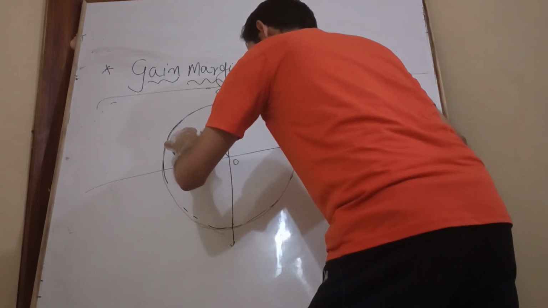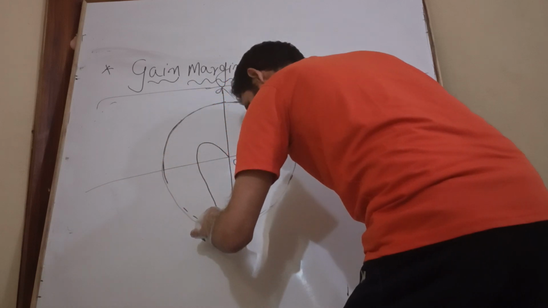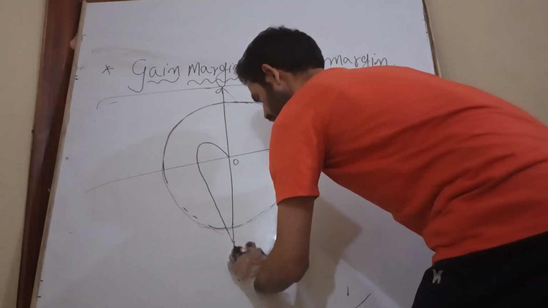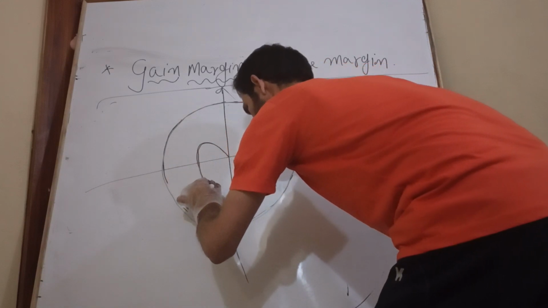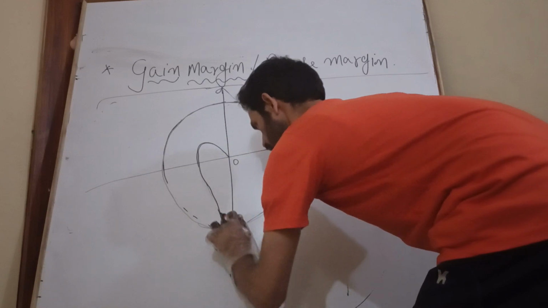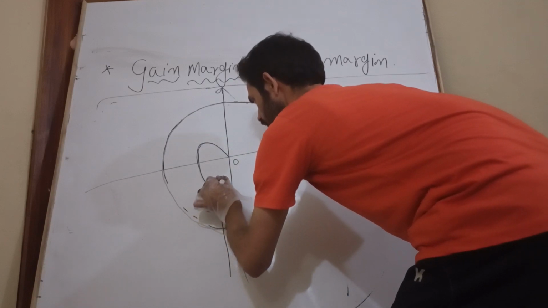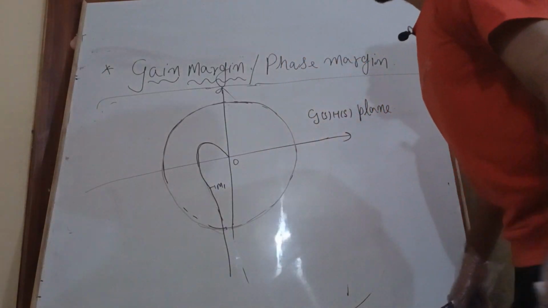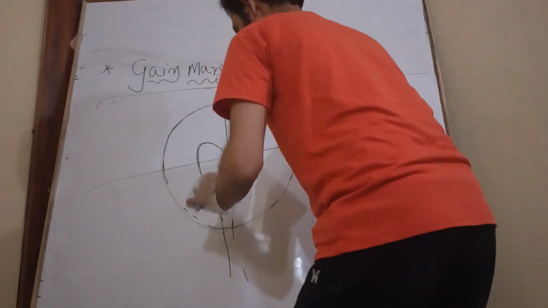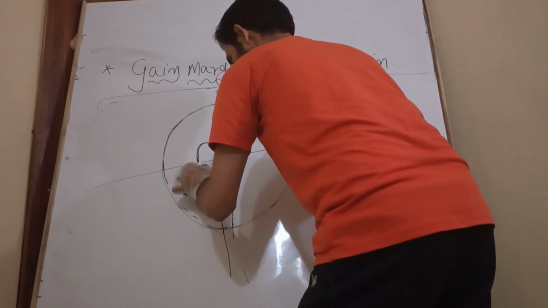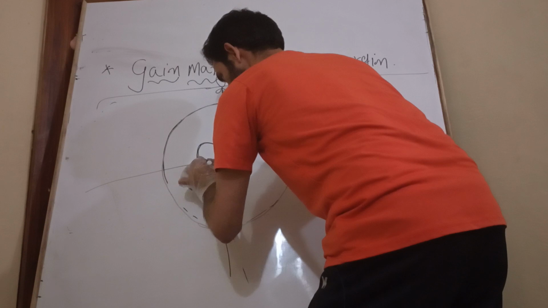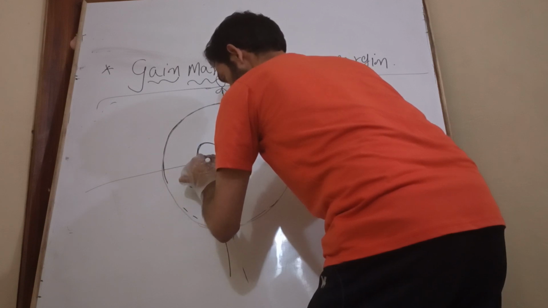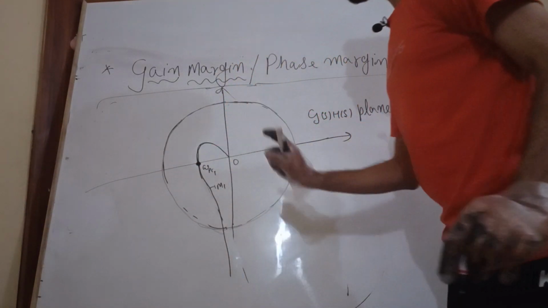So it is passing like this, through this and this. This is for my G1(s) system. And this is cutting here, this is my omega pc1, the phase crossover frequency.